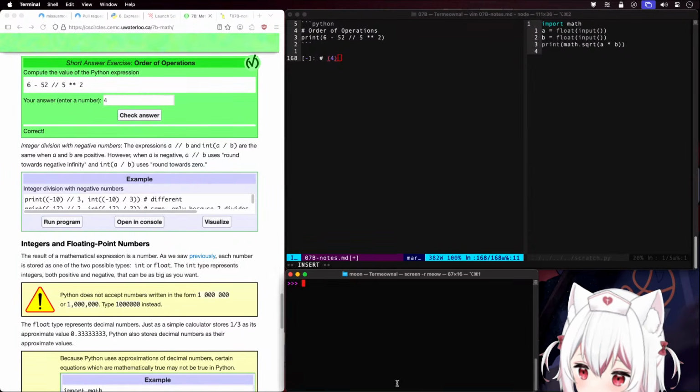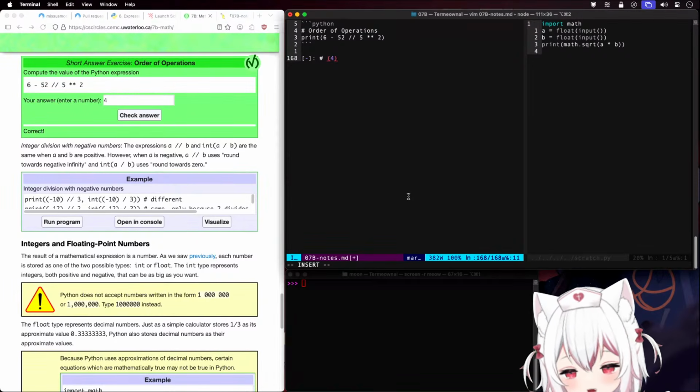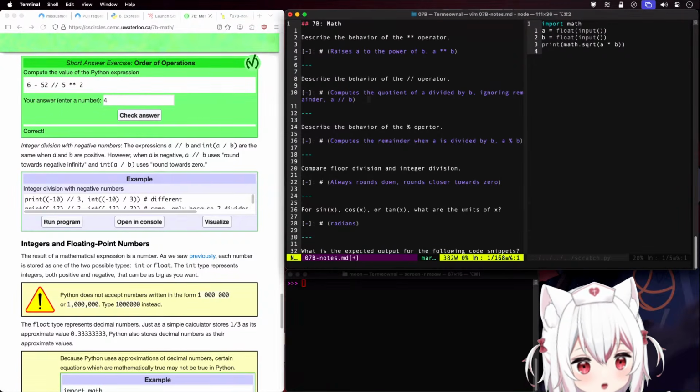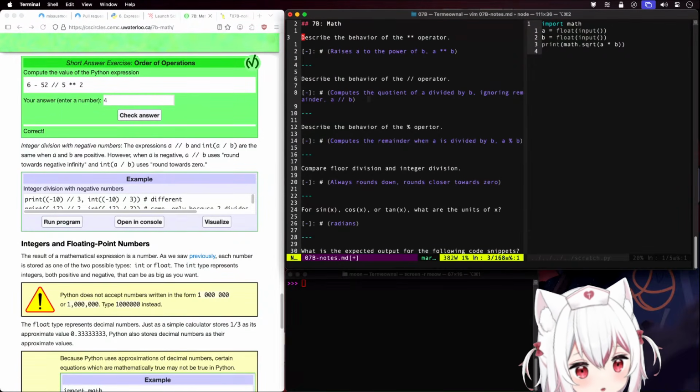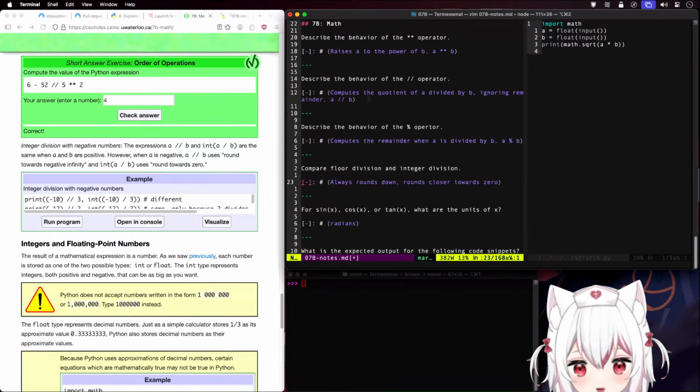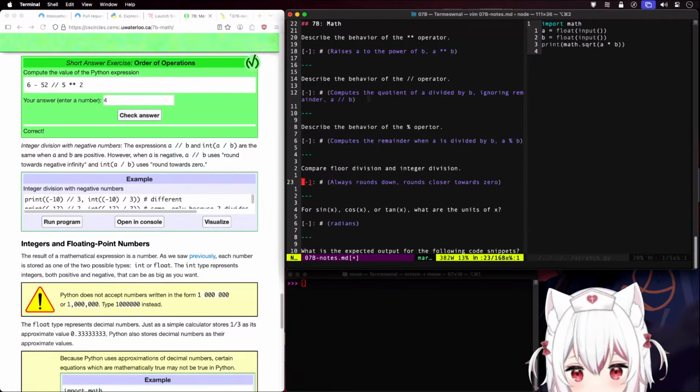We wrote math floor x is closest to 0. It's the largest integer that is smaller than x. Okay, let's think about that again. I don't think I wrote that. I wrote compare floor division and integer division. Where did I write this? Closest to 0, but it's the largest integer that is smaller than x.